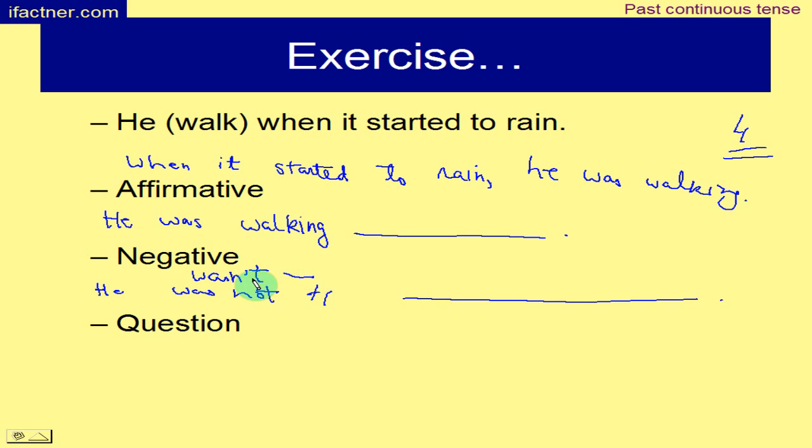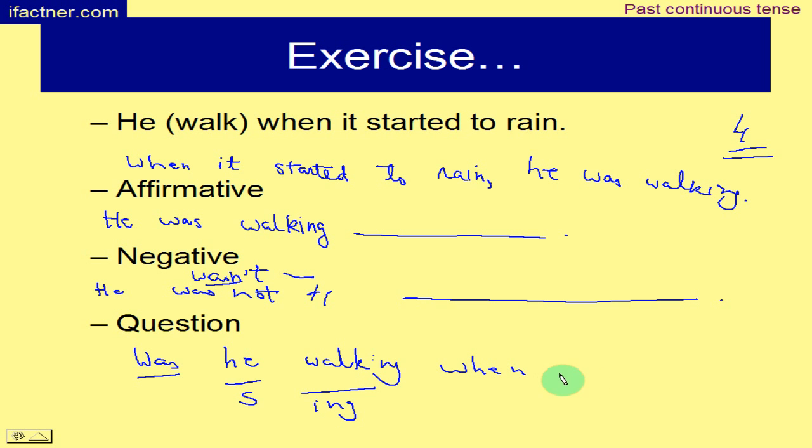We do not write it like this usually. And what is the question form? Yes, was he walking when it started to rain? The auxiliary verb comes first, then the subject, and then the ing form of the main verb, and in the end, question mark.